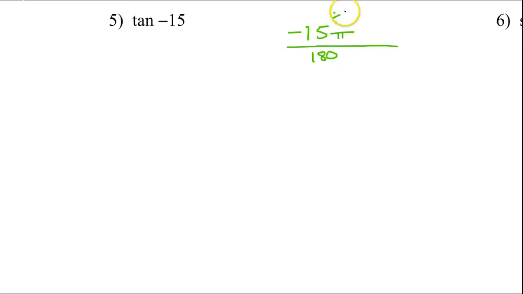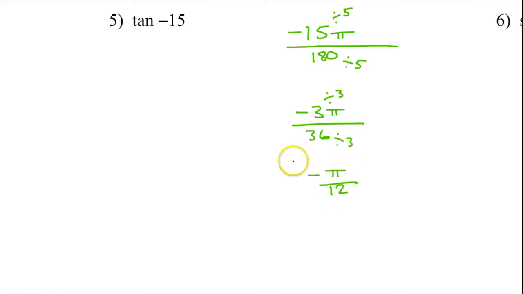Both of these are divisible by 5, so that leaves me with negative 3 pi over 36. Now both of these are divisible by 3, so that leaves me with negative pi over 12.